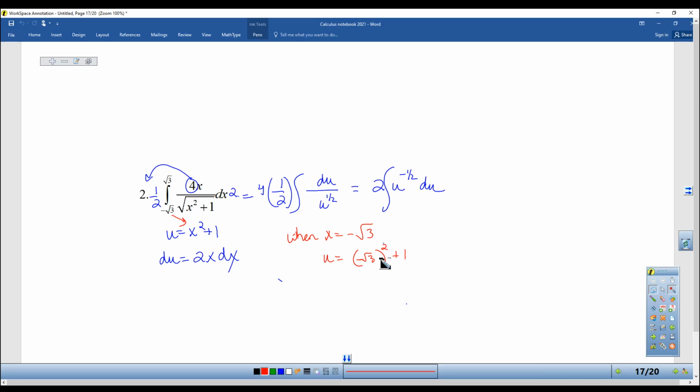Well, negative root 3 squared is just 3 plus 1 is 4. When x is equal to positive square root of 3, u is equal to the positive square root of 3 squared plus 1, which is also 4.